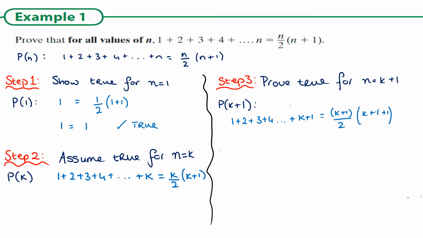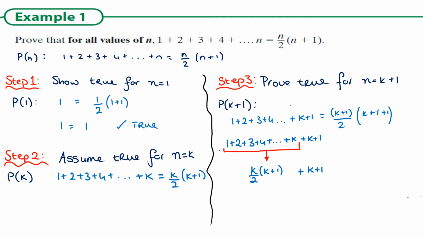So what we're going to do on this left hand side, we're actually going to break it down into 1 plus 2 plus 3 plus 4 plus dot dot dot plus k, plus k plus 1. And with this, we've already assumed from step 2 that this part is k over 2 times k plus 1, and then we have a k plus 1.